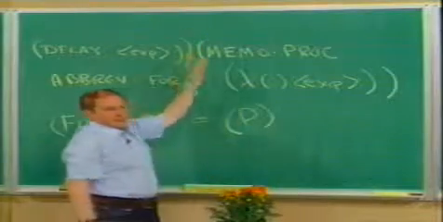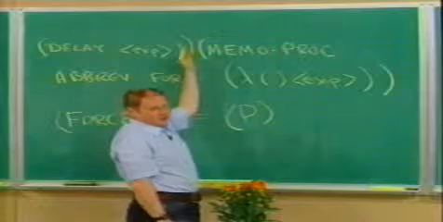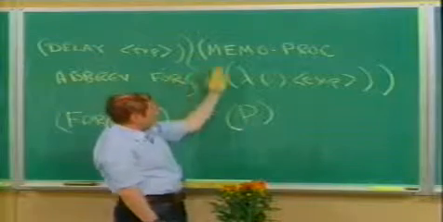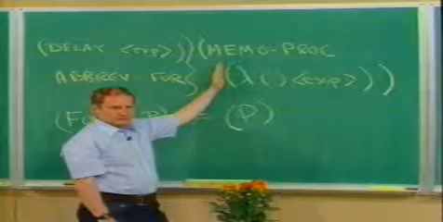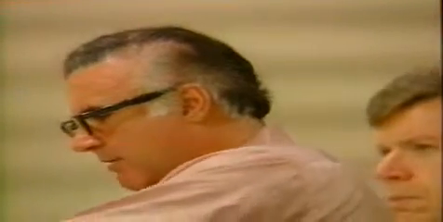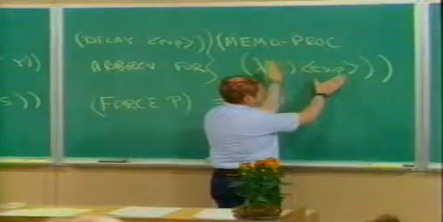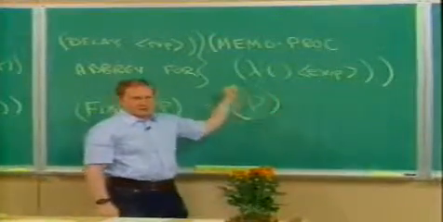So that lambda of nil gets called when you call the result of that memoproc, which would be ordinarily when you would have called the original thing that you fed it. Okay, the reason I ask is I had a feeling that when you call memoproc, you just return this lambda. That's right. When you call memoproc, you return the lambda. You never evaluate the expression at all until the first time that you would have evaluated it.